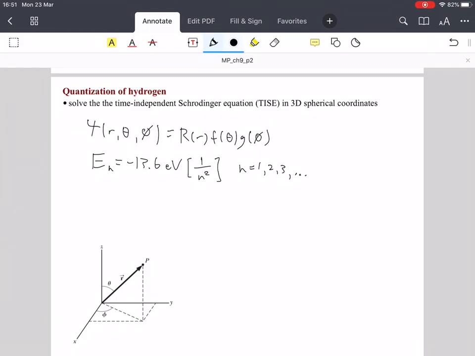So if we carry on and look at the F differential equation, which is a function of theta, we see that we can associate this with a solution for the angular momentum, the orbital angular momentum. We'll show what that means.